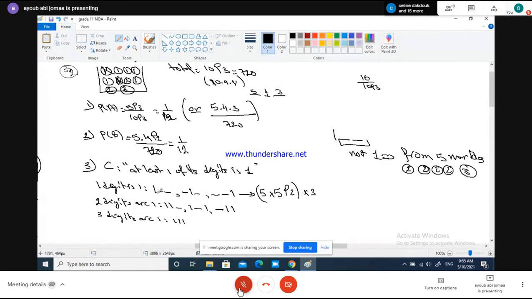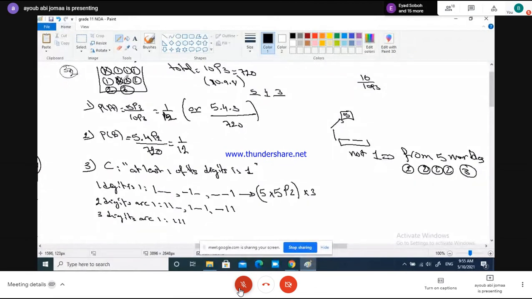To repeat again, if you consider this case, 1 then numbers that are not 1. The first one we have 5 possibilities. It should be 1 from the 5 ones. Right. The remaining 2 marbles should not be from these 5 marbles that are numbered 1, 1, 1. Okay? So these 2 marbles should be from the marbles that are numbered 2, 2, 2, 2, and 3.